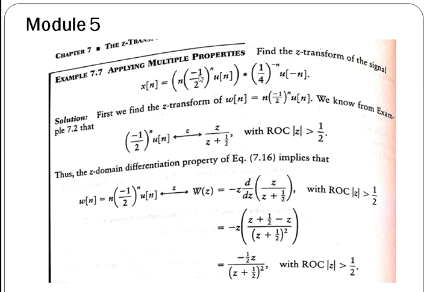So we consider this signal first, that is (minus half) raised to n u of n. Let's take its z transform. By our knowledge, alpha raised to n u of n has z transform z divided by z minus alpha.